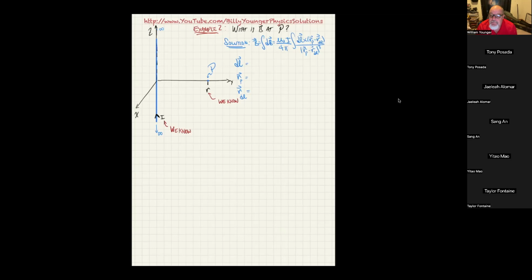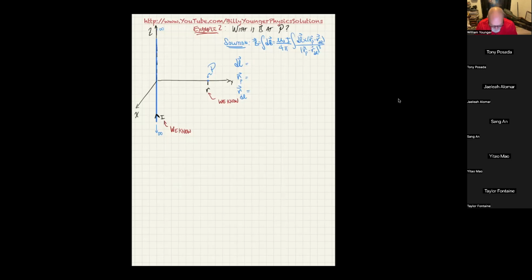Can anybody tell me how far P is from the wire? A specific thing about a vector is that if you know the magnitude, you can just multiply it by a unit vector pointing in the right direction. So how far is P from the origin, which is where the wire is?